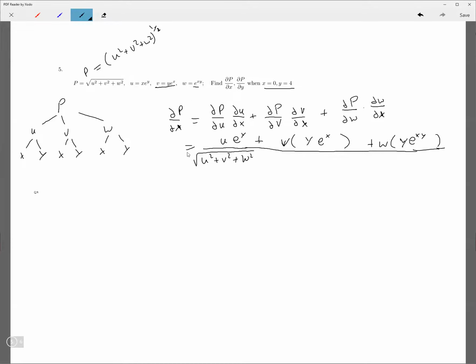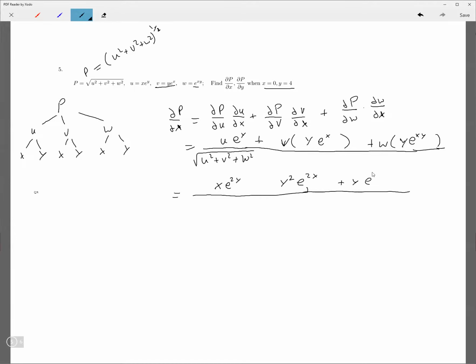Now we need to get everything in terms of x's and y's. So u is x e to the y, so that's going to be x e to the 2y when squared. And v is y e to the x, so that's going to be y squared e to the 2x. And w is e to the xy, so that's going to be e to the 2xy.